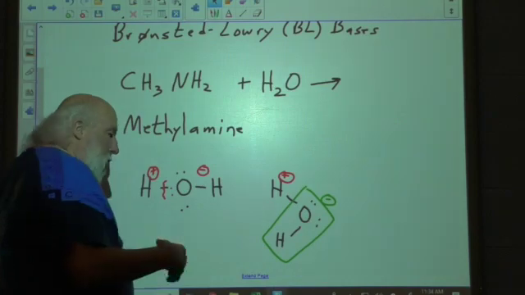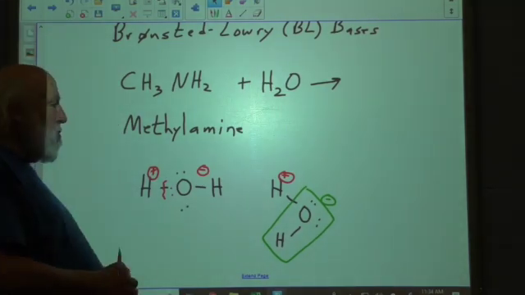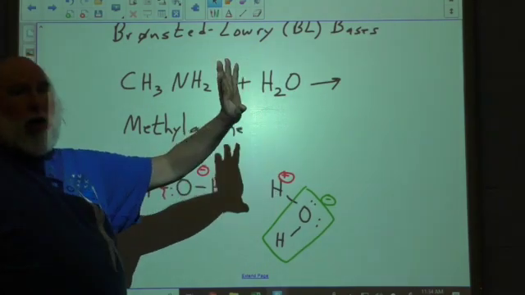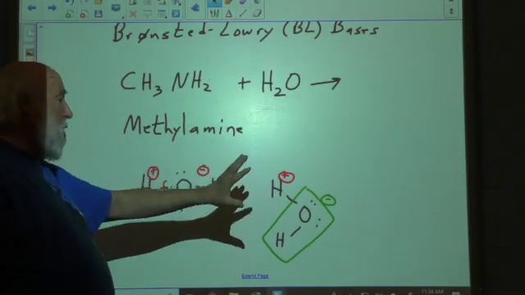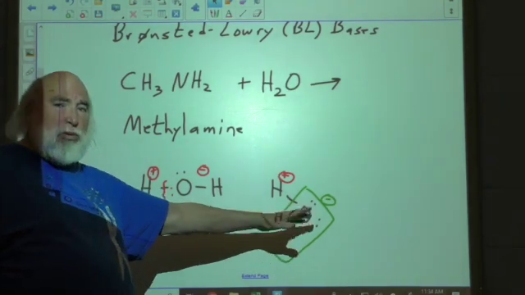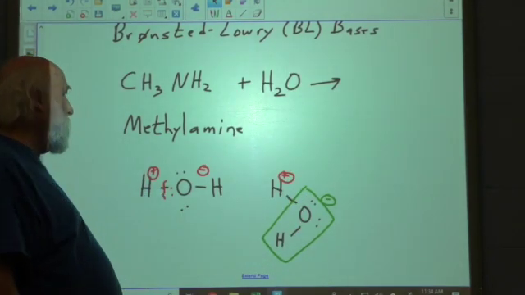Now this bond can be fairly easily broken, but most of the time it stays intact. Like I said, this only happens in 1 out of 10 million molecules. So this is really difficult to do under normal circumstances.